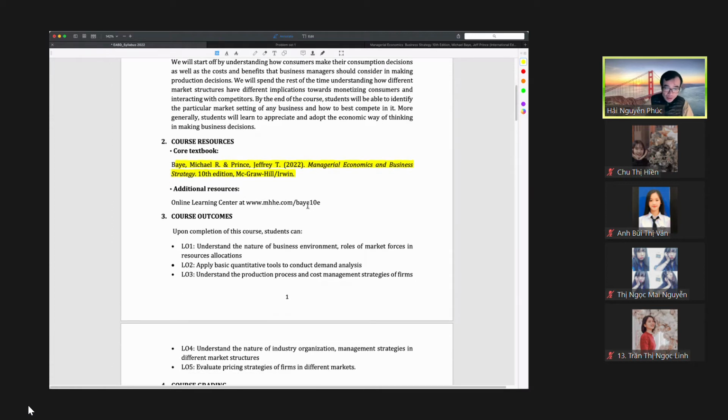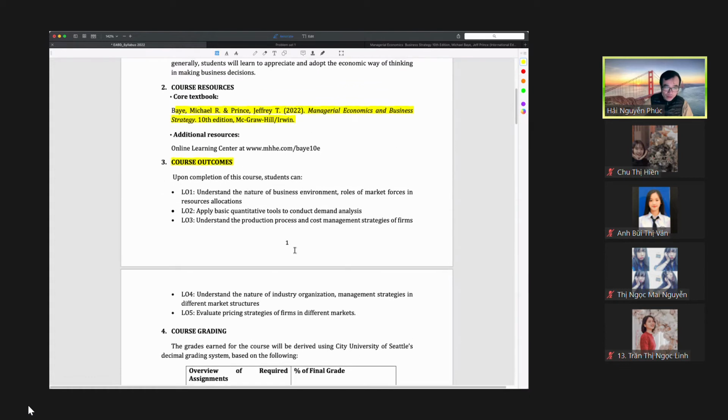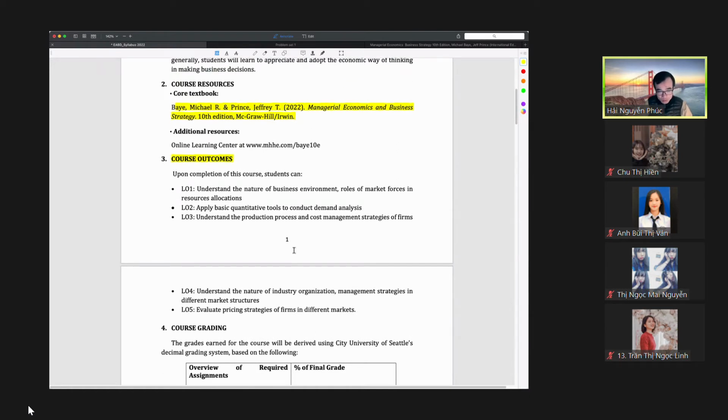Here are the learning outcomes of the course. You can see that in total, we have 5 learning outcomes. The first one, we are going to discuss the business environment and the role of market forces, something like supply and demand.